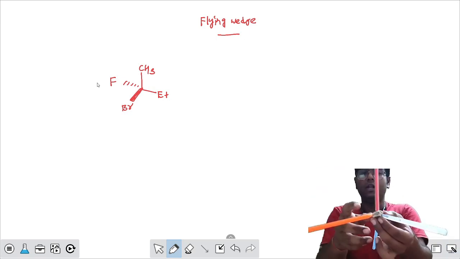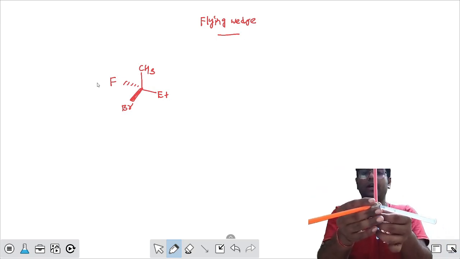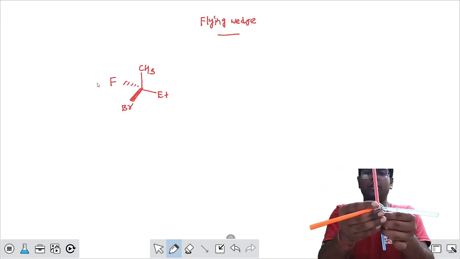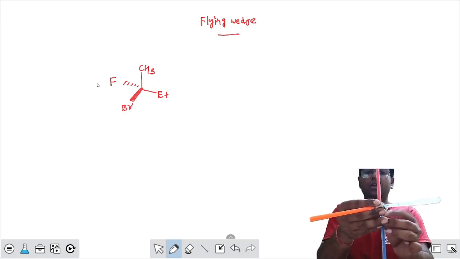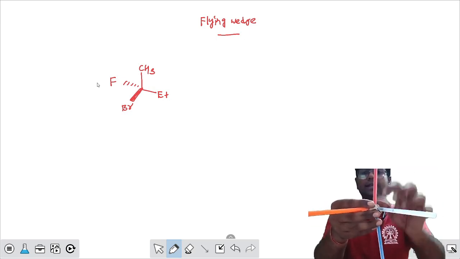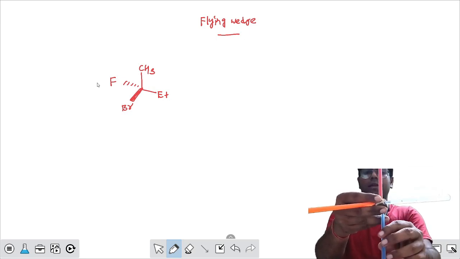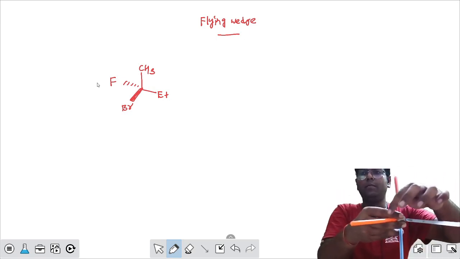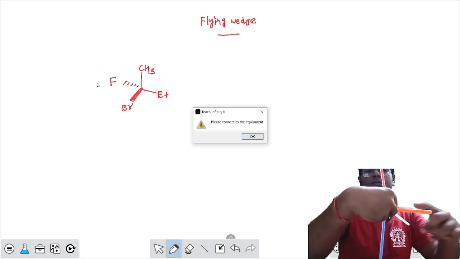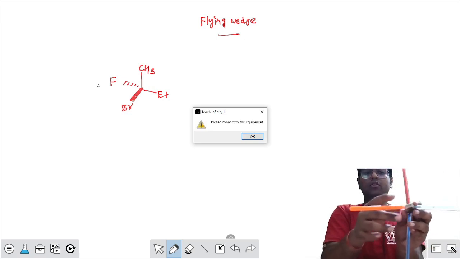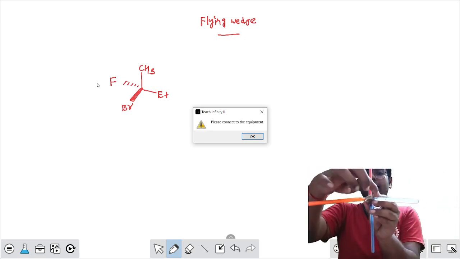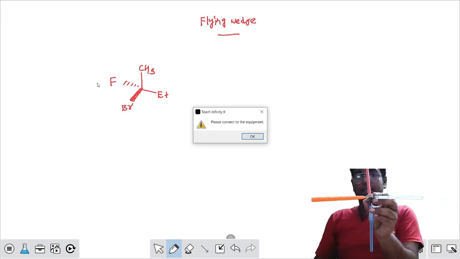This is C-F. Now we are trying to make a 2D projection. So for that reason we have to bend it down. So we can see that C-CH3 and C-Et are forming a linear type of geometry, where the below the plane was fluorine. So below the plane goes to the left hand side, and above the plane goes to the right hand side.